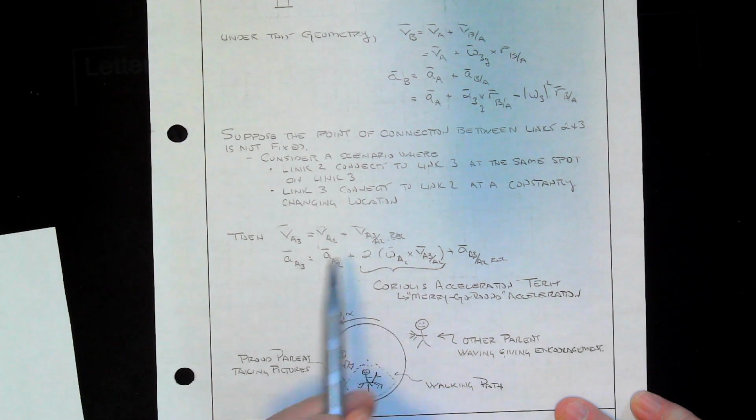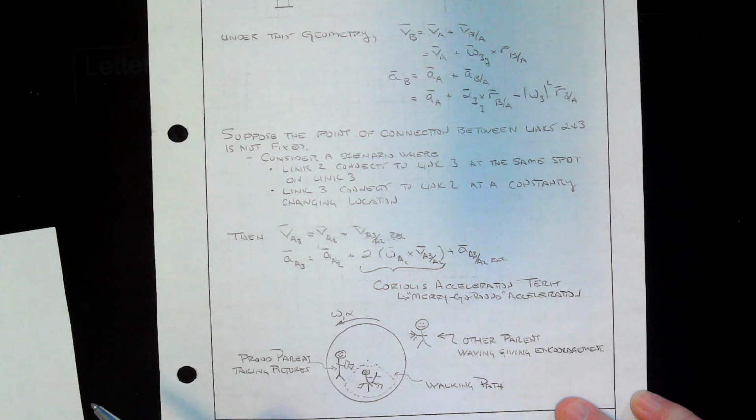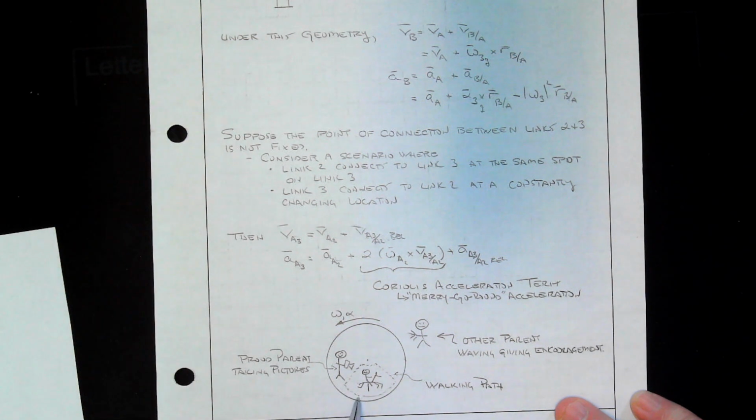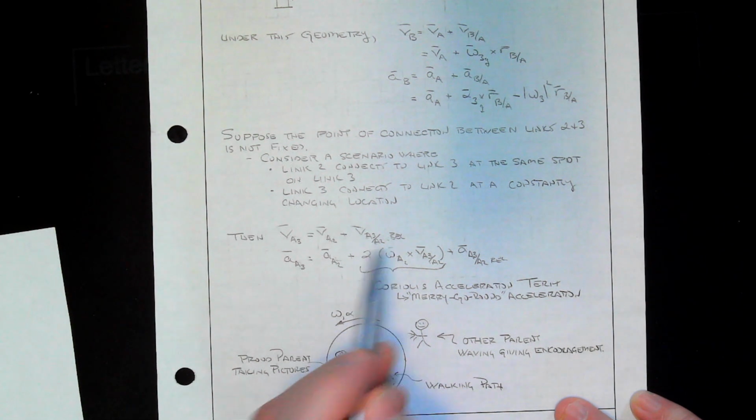What this says is, if you were lying down on link 2 and watching the person move, so it's like the merry-go-round is ground for you, what do you see the person do? Not what somebody outside the merry-go-round sees. If you could lie down and watch this person move, what does the person on the merry-go-round see? That's what that is. Relative velocity.